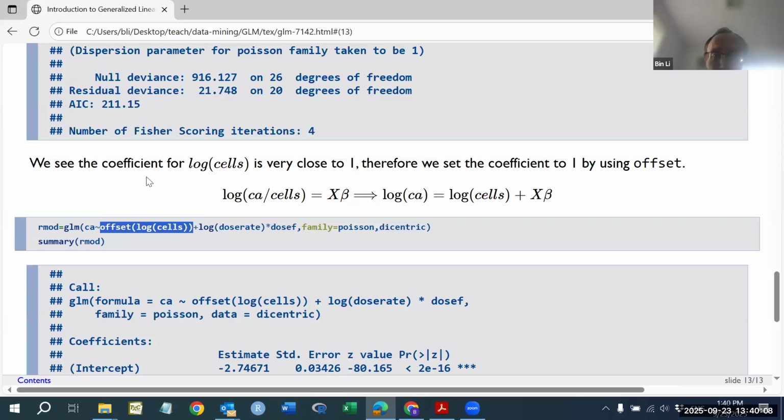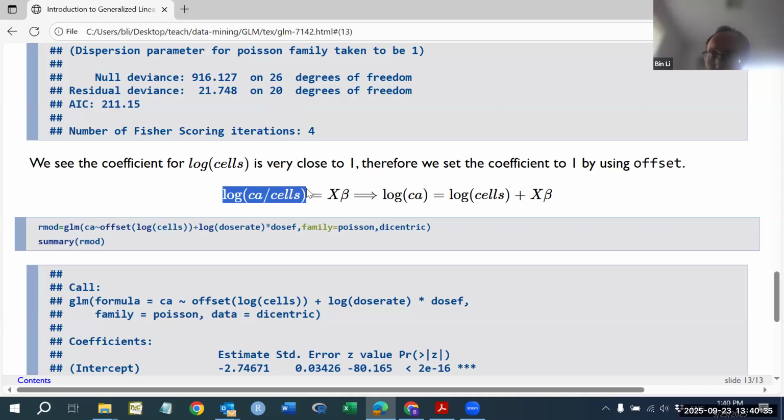So what is an offset? Offset is a special term in the statistical model. So that offset is moved to the response. So instead of modeling the log of the cell abnormality, we model the log of the cell abnormality divided by the cell volume, and that equals X beta.